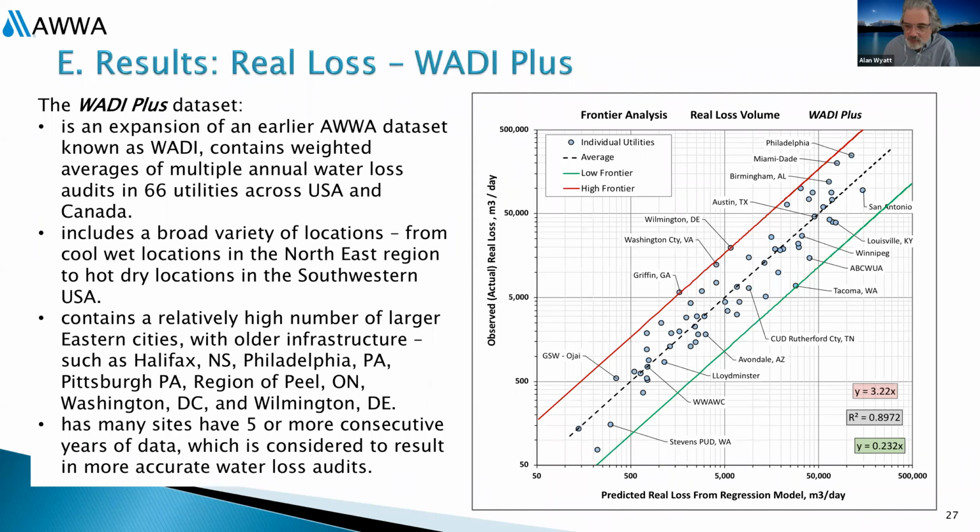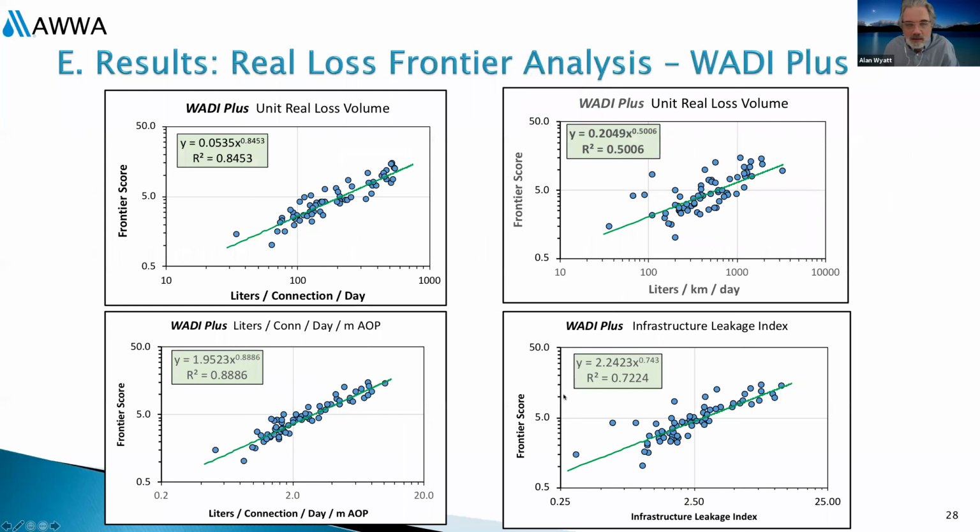Okay, so here's the real loss, and this is using the WADI plus, the one that's spread across the country, different sizes, and multiple years put together. We have a pretty good regression fit, not too wide a span. These are the rigor assessments of some different indicators.